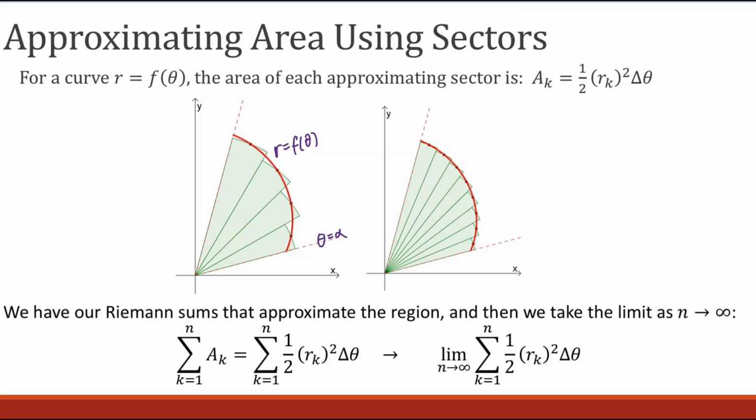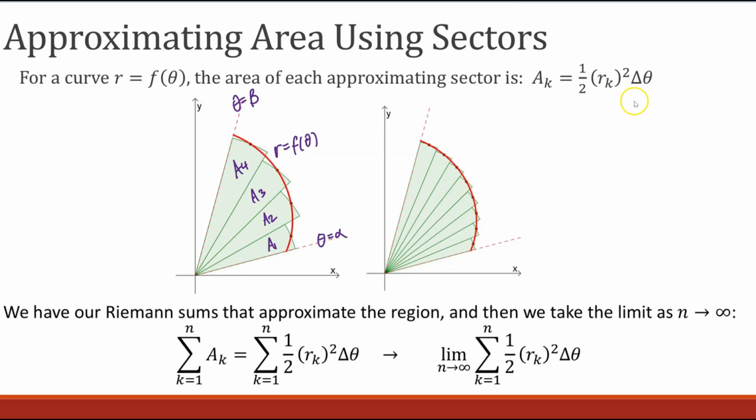Let's say theta equals some alpha and theta equals beta. Here we're using 4 sectors to approximate the area. So we'll say that the area of each sector is a sub 1, a sub 2, a sub 3, and a sub 4.